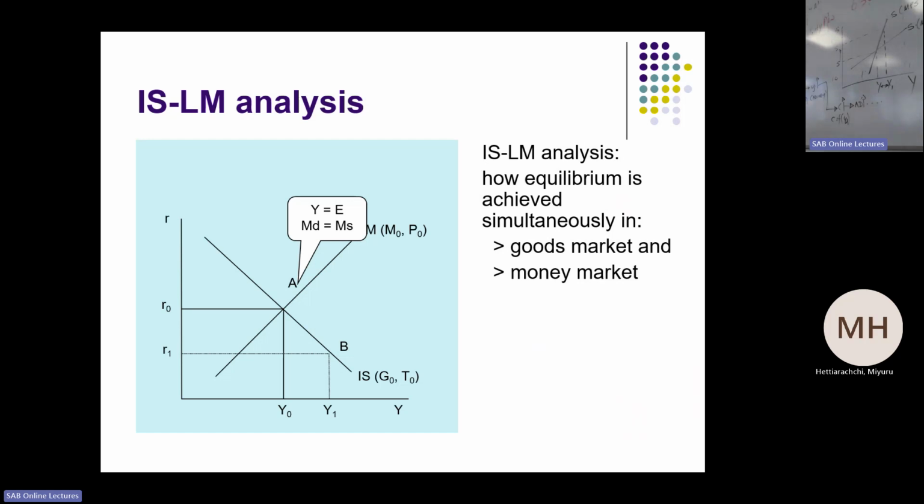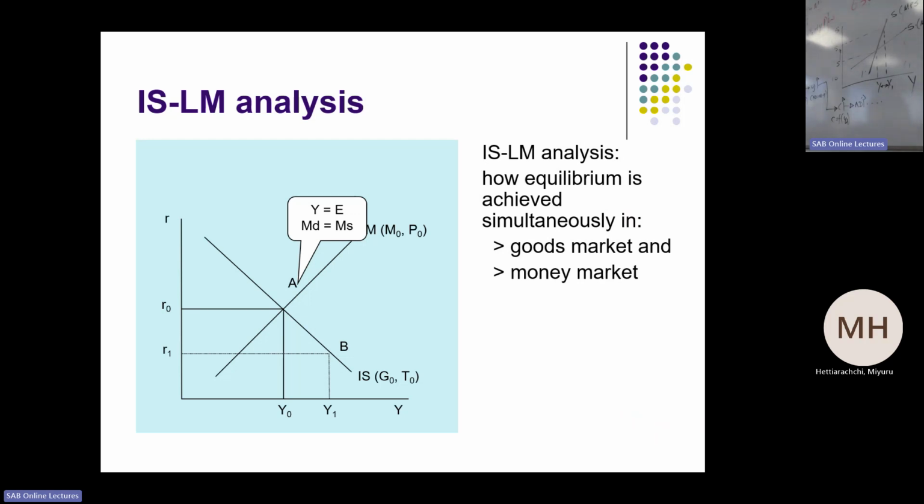No. Point B lies on the IS curve. So that is the equilibrium in the real sector, but monetary sector equilibrium is not there. Only the real sector equilibrium is achieved. In order to have equilibrium in the money market, money demand must equal money supply, so that should be a point on the LM curve.